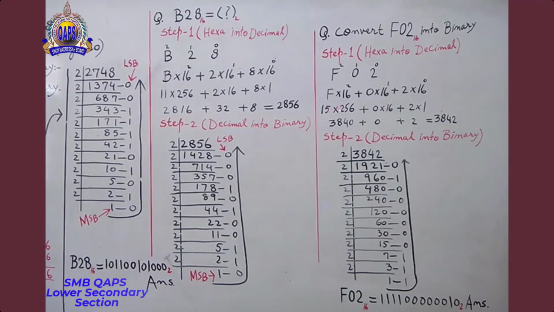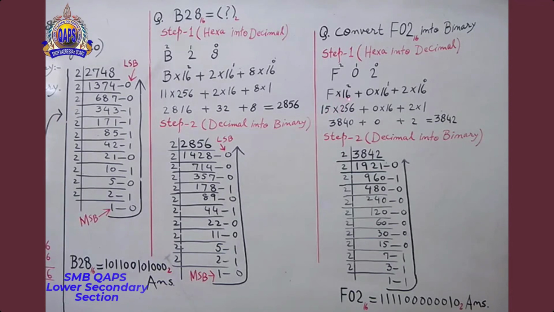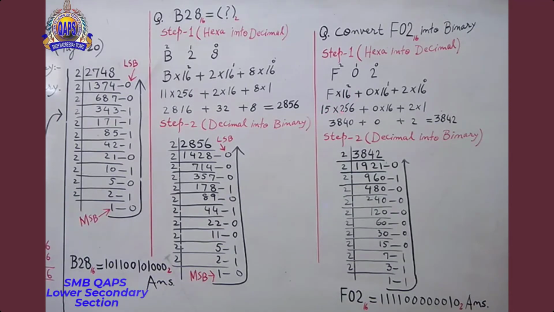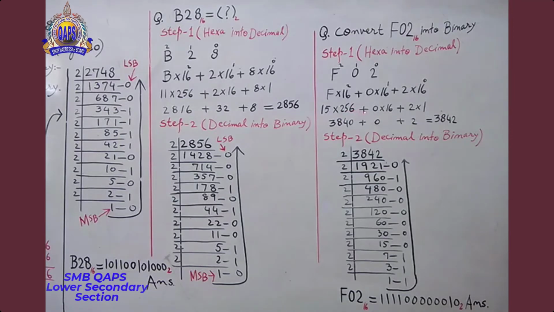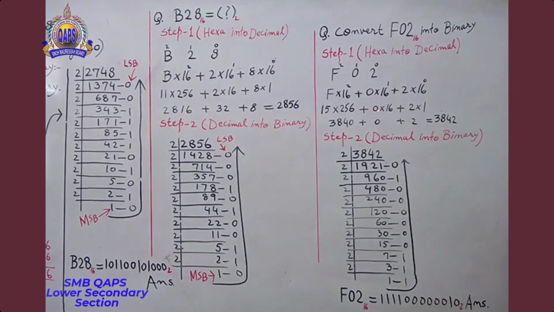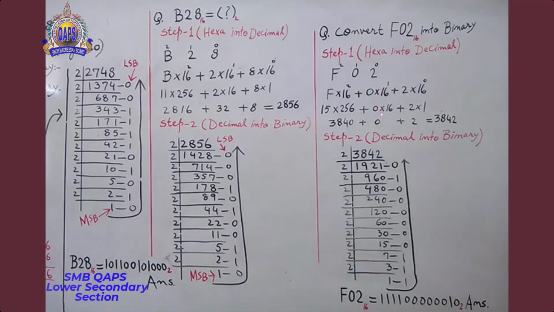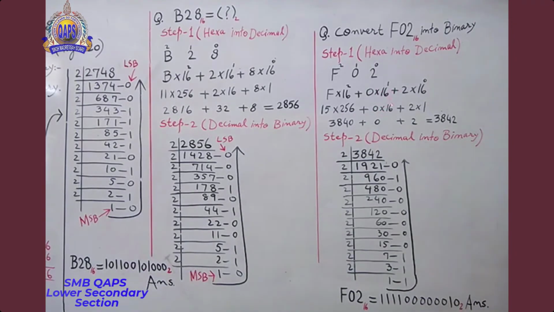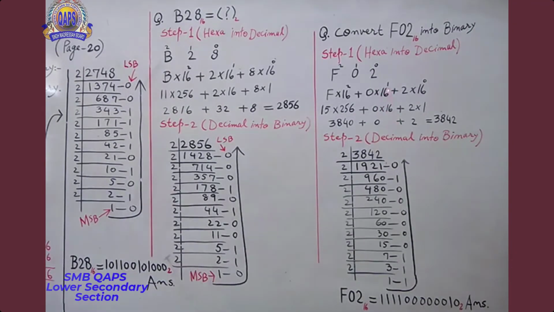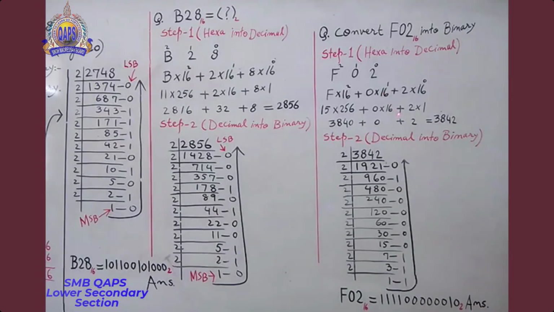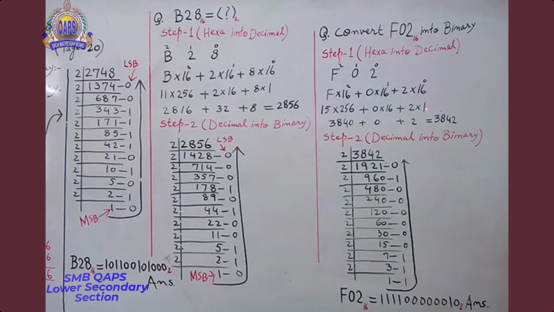So 15 multiplied by 16 into 16, 256, plus 0 multiply by 16 power 1, plus 2 multiply by 16 power 0 means 1.